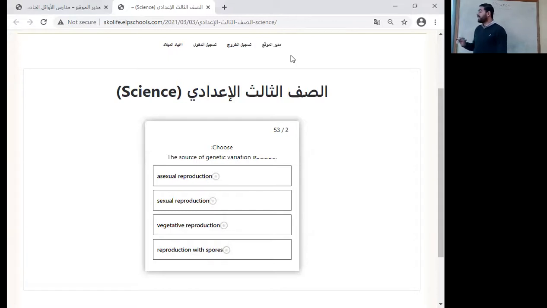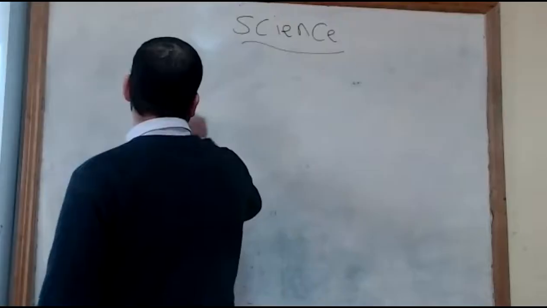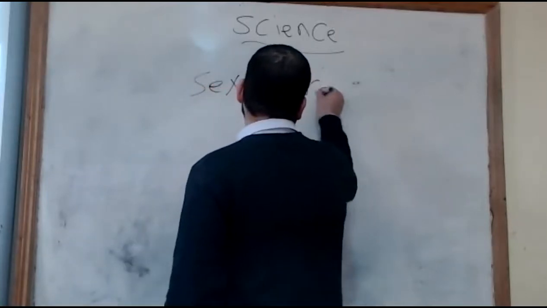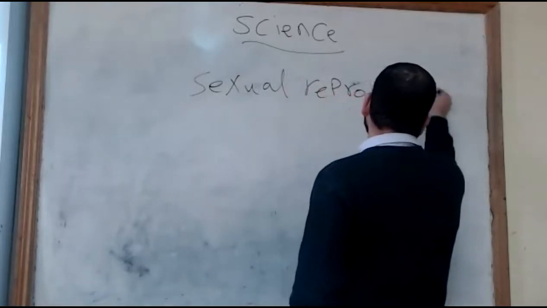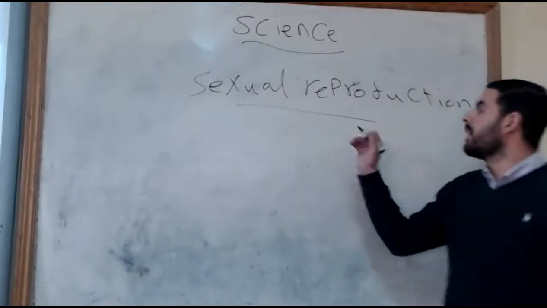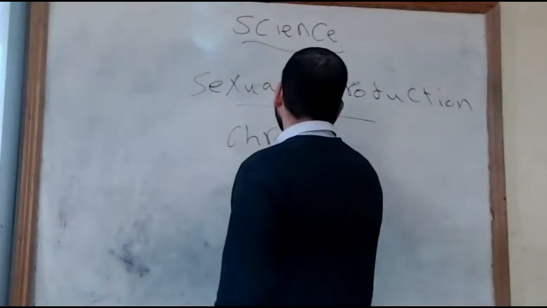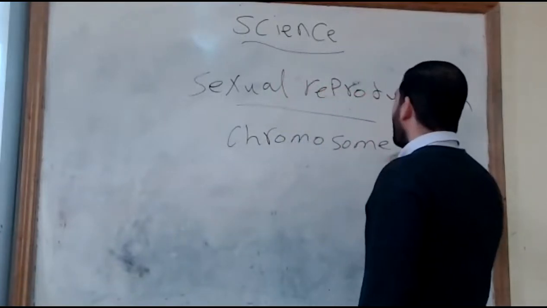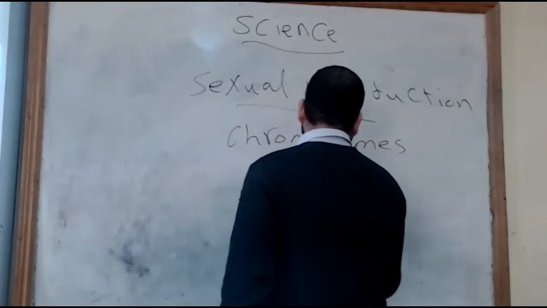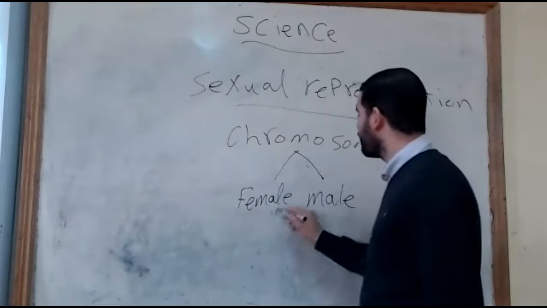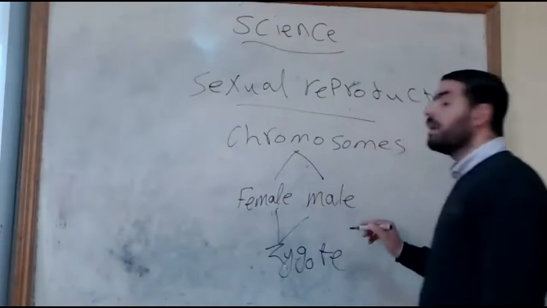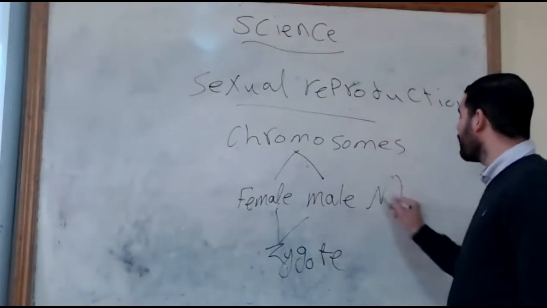The source of genetic variation: we must know that genetic variation comes from sexual reproduction. Because in sexual reproduction, our chromosomes come from two sources, which are the parents, the female and male gametes, which form together the zygote. Each one of them participates with a number of chromosomes equal to n.